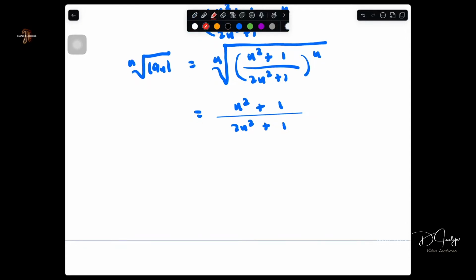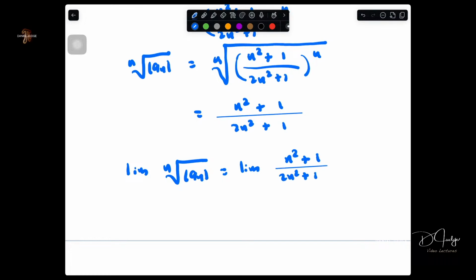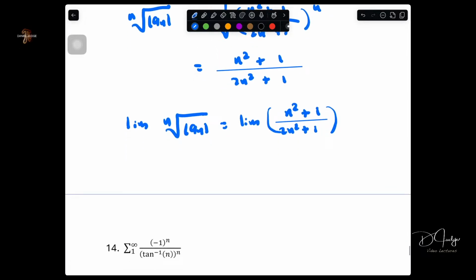Now, the limit of this, which is the limit of n squared plus 1 over 2n squared plus 1, is going to be equal to 1/2, which is smaller than 1, by using calculus 1 if you like.